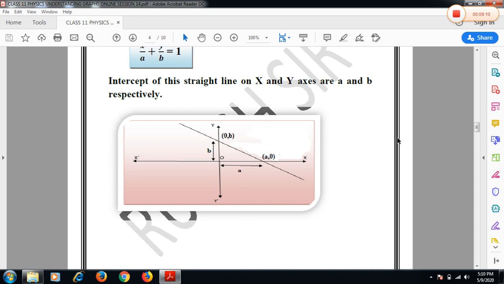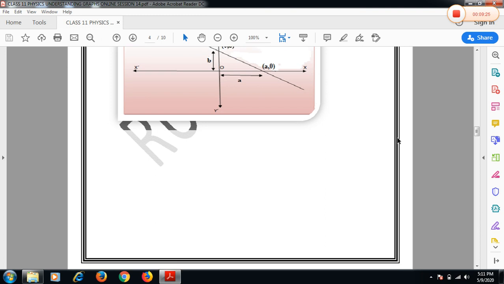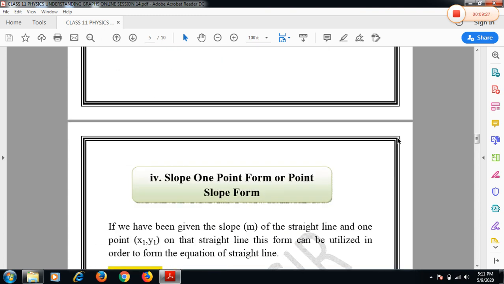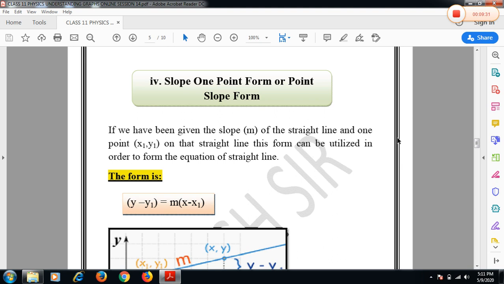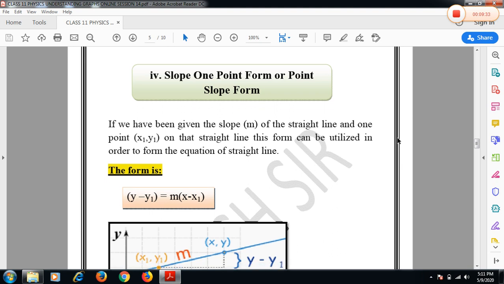All are linear equations in two variables, and that is why these are the forms by which we can represent a straight line after all. Let us move forward to the next form, and that is the slope one-point form or point slope form.